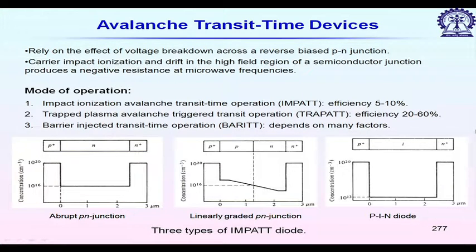Next device is the avalanche transit time device. In this type of devices, it is associated with breakdown phenomena, avalanche breakdown phenomena, the same phenomena we see for a PN junction diode at low frequency.